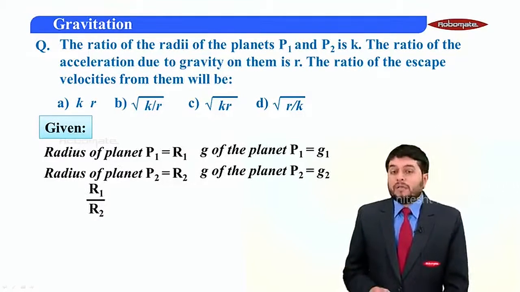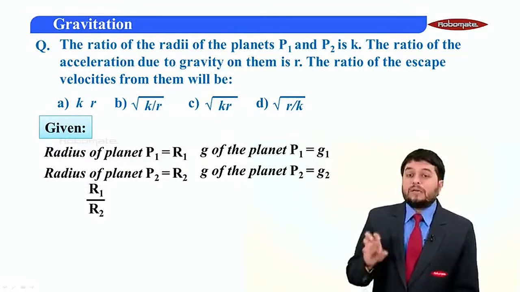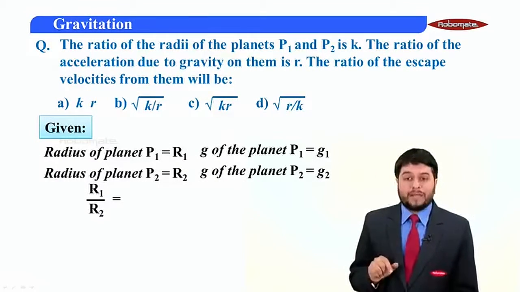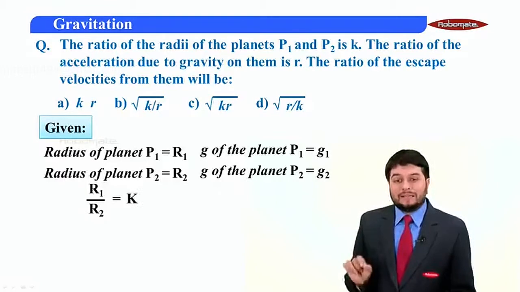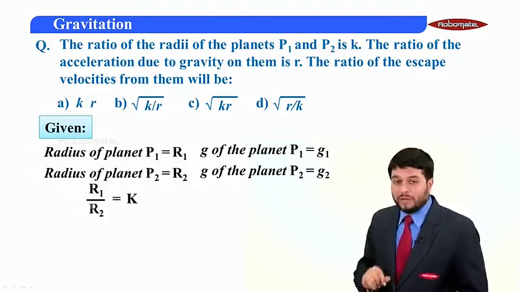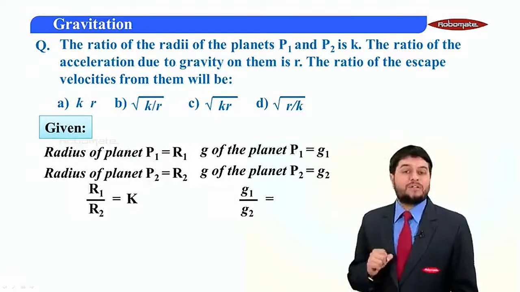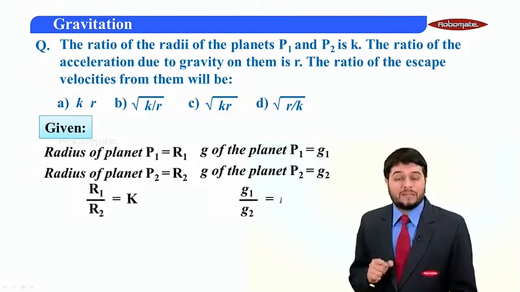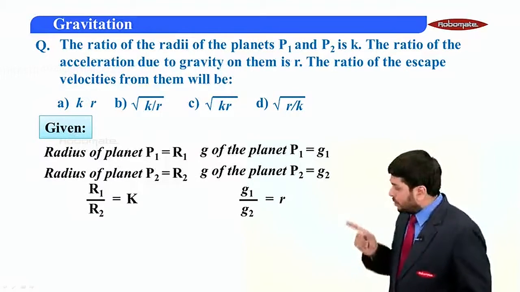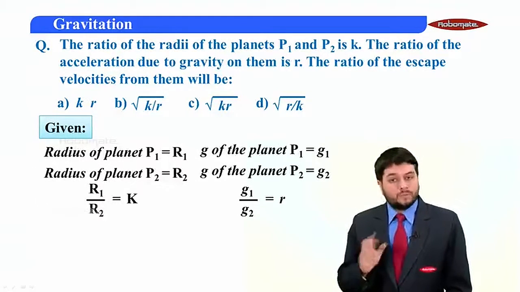They have given us the ratio of the radii of these two planets, meaning r1 upon r2 is K. So remember this, r1 upon r2 is K. I will require it later. Also, they have given us the ratio of the acceleration due to gravity of these two planets is small r. So remember this also, I will require g1 upon g2 is equal to small r.